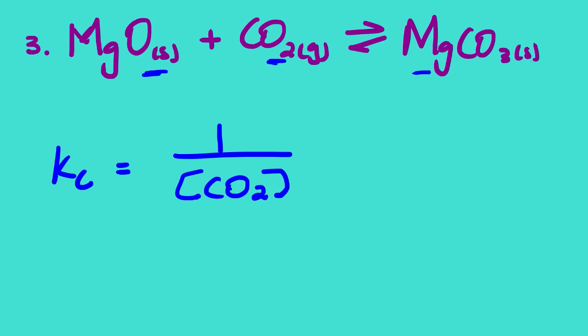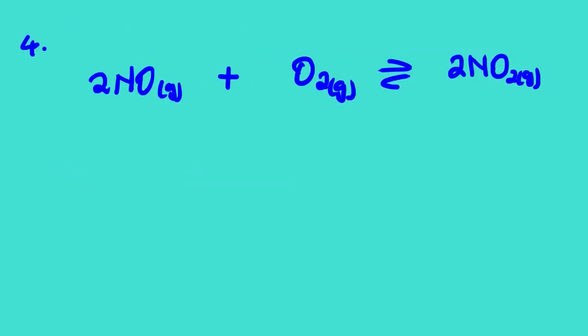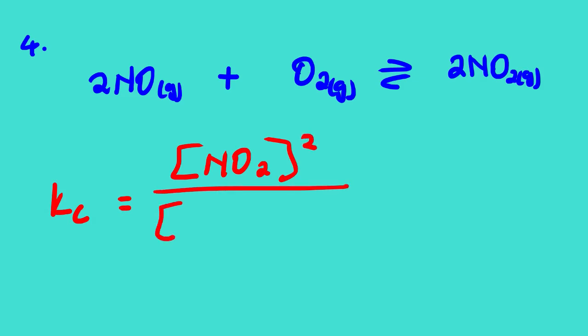I hope you got this one correct also. This is our next example. So we are going to have Kc is equals to NO2 squared all over O2 multiplied by NO squared.